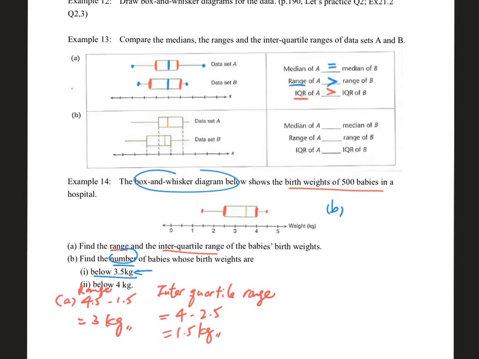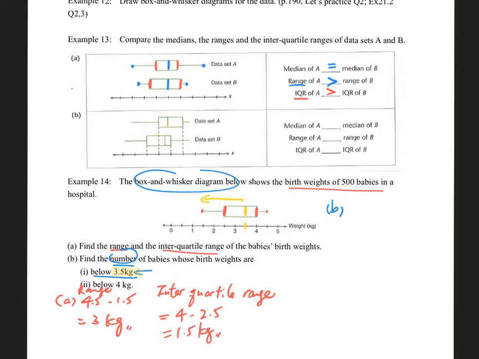Indeed, it's talking about the percentage, because when you read carefully, 3.5 kg is here, which stands for the median. When you're talking about below, that means less than, so on this side. And because it's about the median, half of the number of babies will be below 3.5 kg.